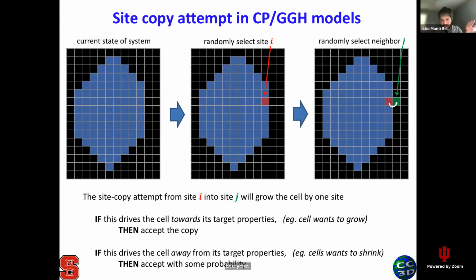Okay. And then you select the neighbor, anywhere. If those two neighbors are different, then you do the calculation. If you select, for example, the pixel on the left with the same cell, then they're the same. Then you just discard that whole process and then you start over.